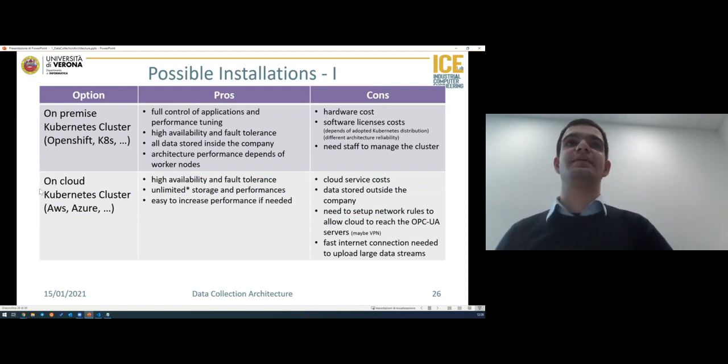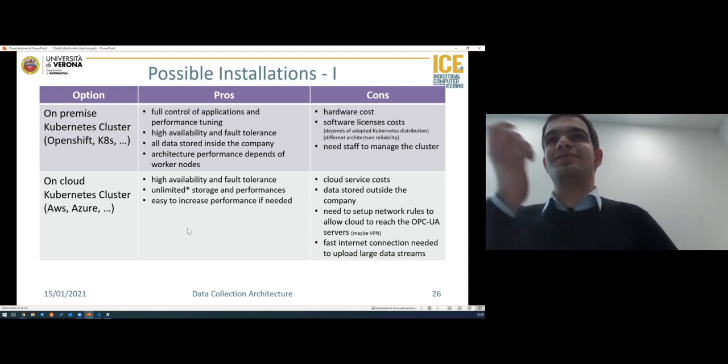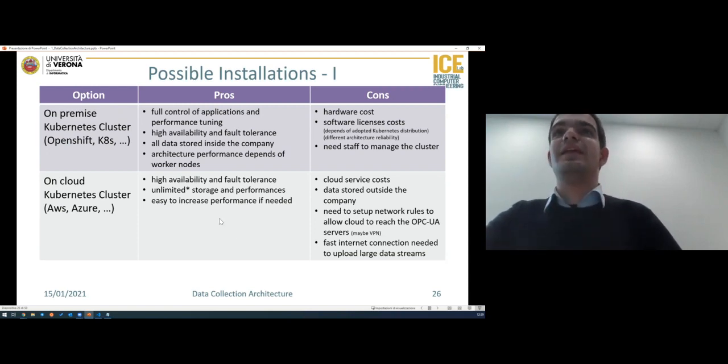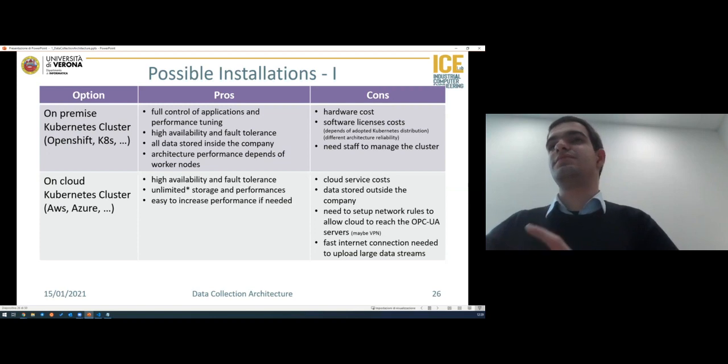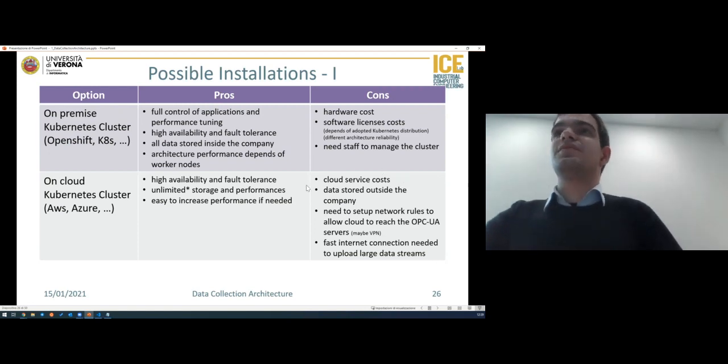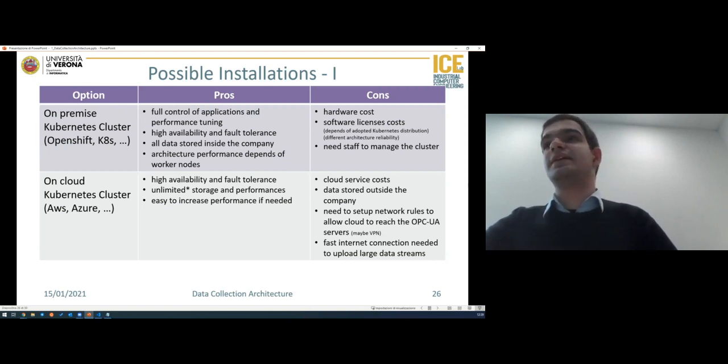The second option is the use of the Kubernetes cluster on cloud. Here, we have the opposite. As long as we pay, we have enough performance and storage, but clearly it is all stored and executed outside, so in the cloud, and maybe we don't even know the country. So the primary cons are the cost of the cloud service and the fact that the data are stored outside the company.